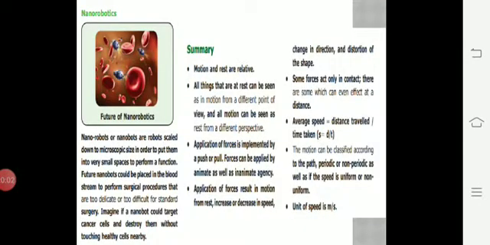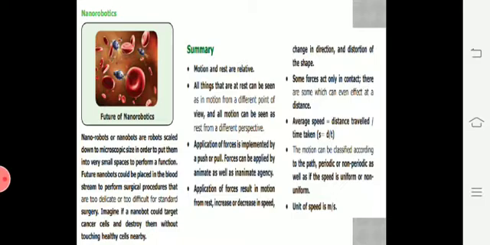What is meant by nanorobotics? Nanorobots, or nanobots. They can be scaled down to microscopic size in order to put them into very small spaces to perform a function. For example, in future, these nanobots can be placed inside our blood.